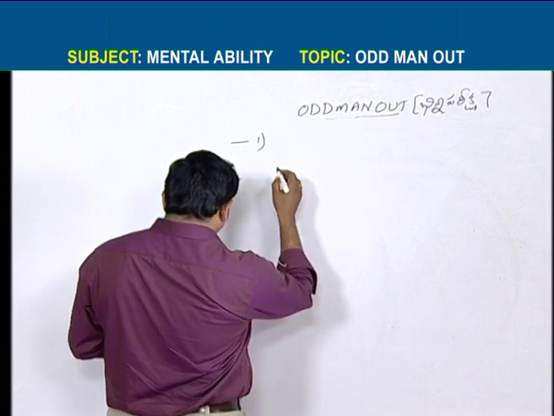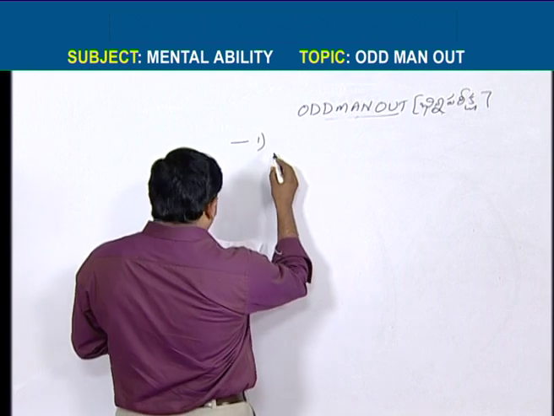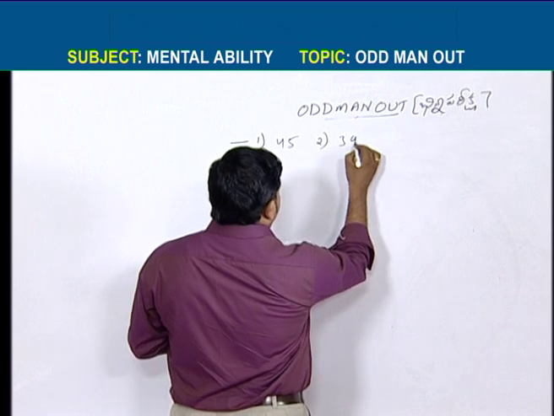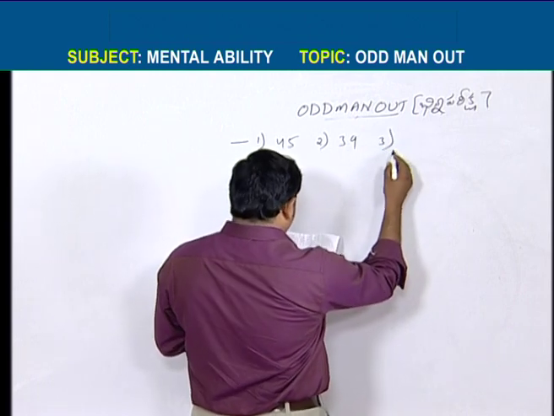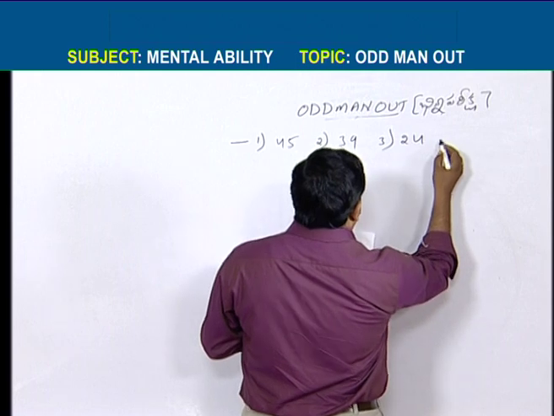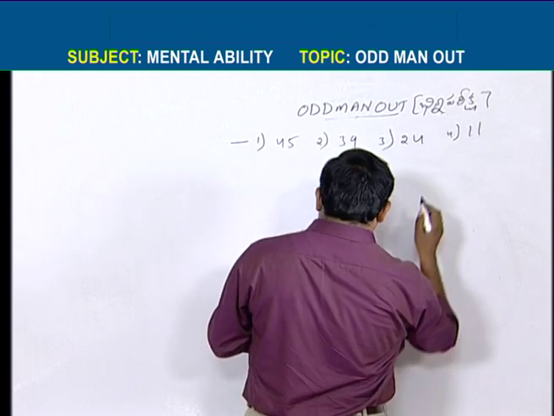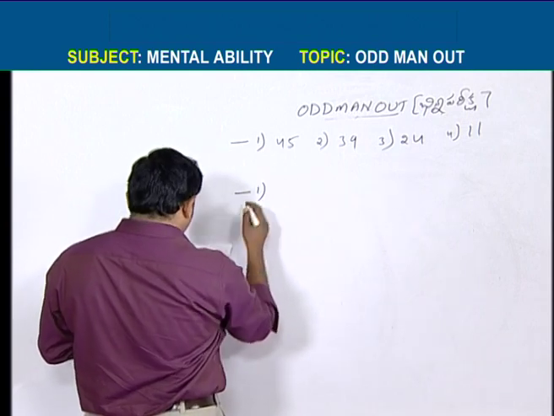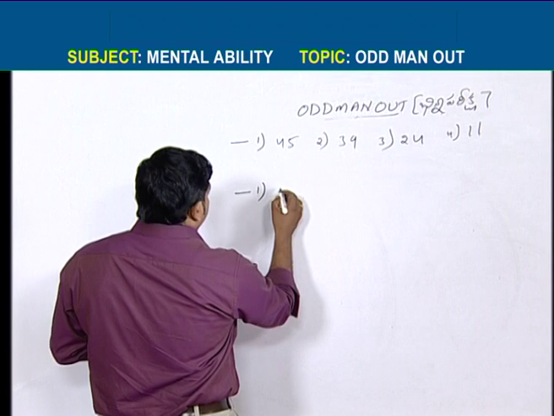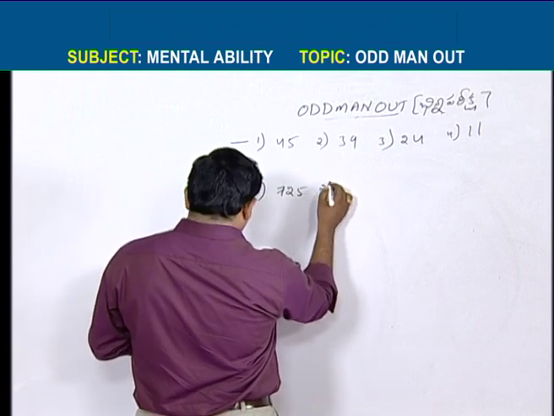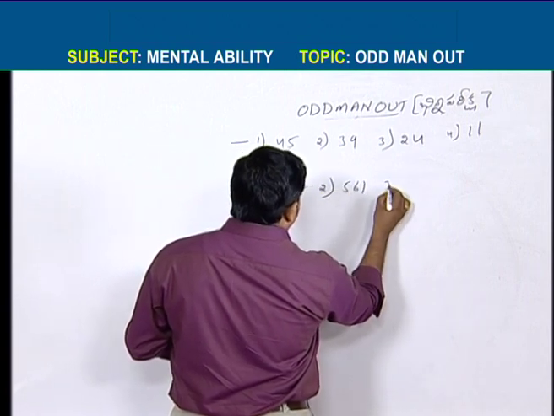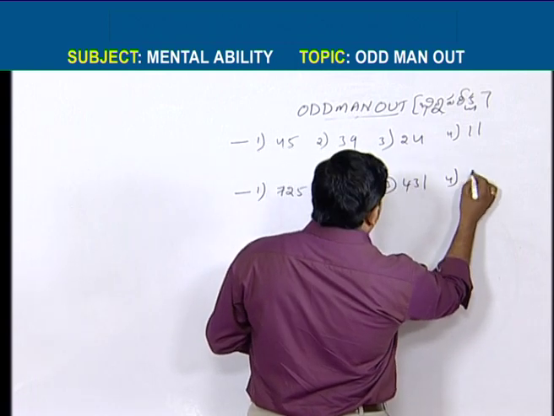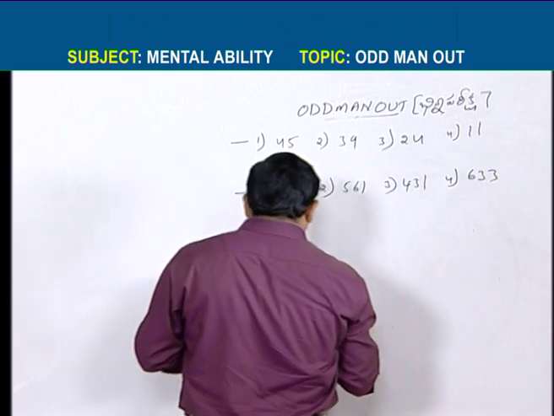The next question goes like this. First option is 45, second option is 39, third option is 24, whereas fourth option is 11. In the next question, first option is 725, second option is 561, third option is 431, fourth option is 633.